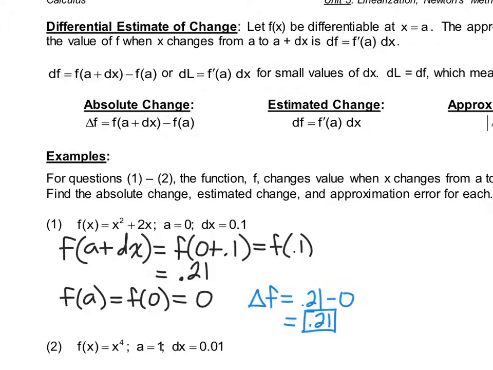It's the interpretation that has meaning. But in this case, what's the interpretation? There's no context. So I don't know what this parabola is referencing. So there's no value in trying to determine what this would mean other than just a change in height. All right. The estimated change. This is going to be an easier thing to do.